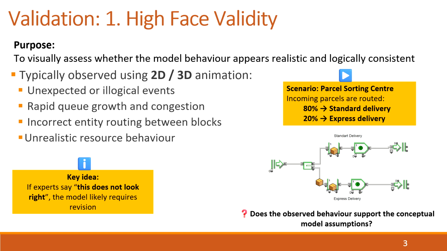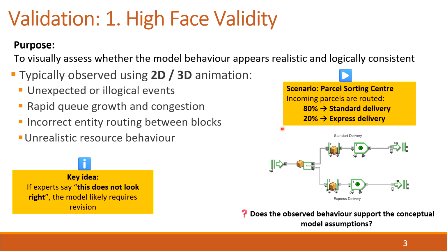I would like to draw your attention to the following part of the slide. Please explore the following assumptions about the process. As you can recognize, we are dealing with a sorting center, and we have the information that there are some items for which we have a standard delivery, and the amount of such items is 80%, while 20% refer to express delivery.